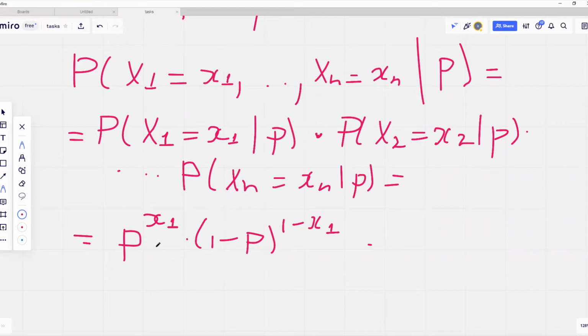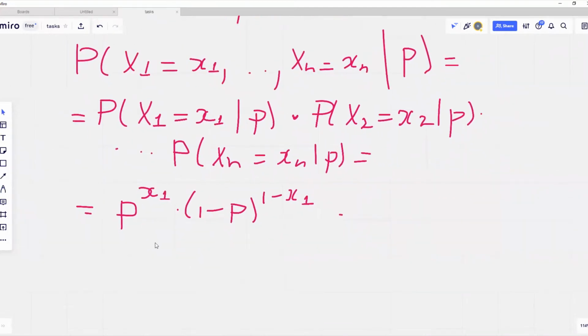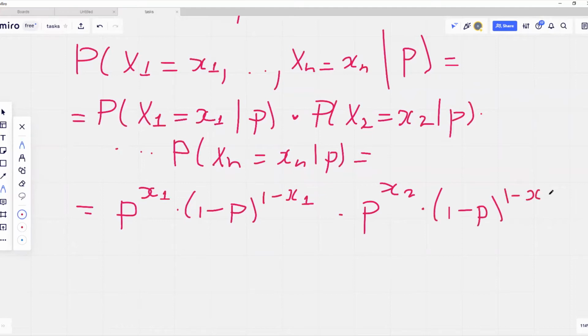So if the probability of landing on heads is equal to P, then the probability of that is P to the power of 1. All right, so the second term here is P to the power of x2 multiplied by (1 minus P) to the power of 1 minus x2, and so on, up to P to the power of xn, (1 minus P) to the power of 1 minus xn.